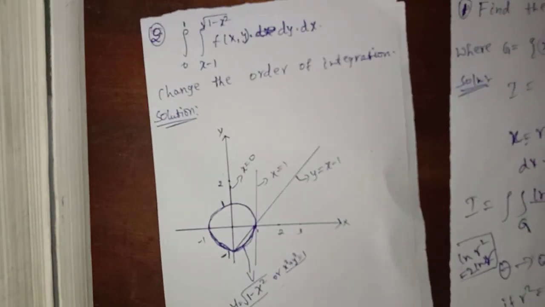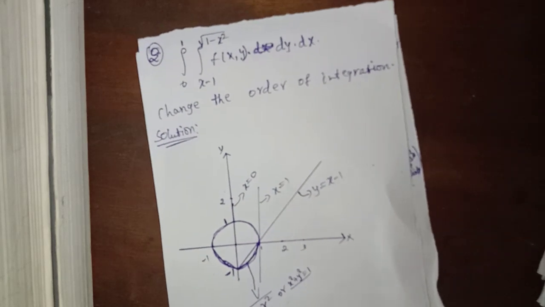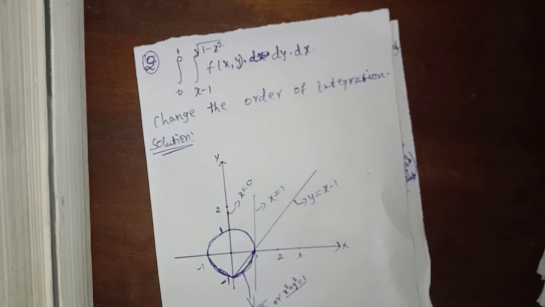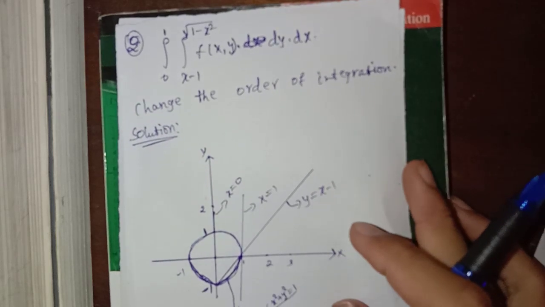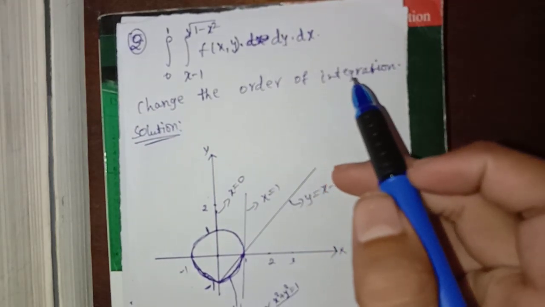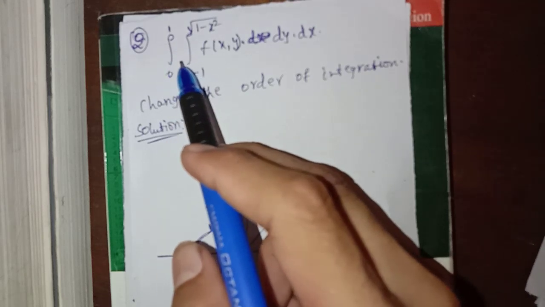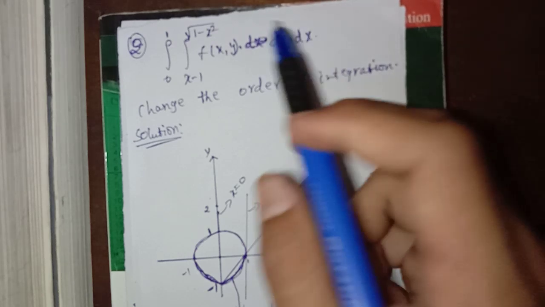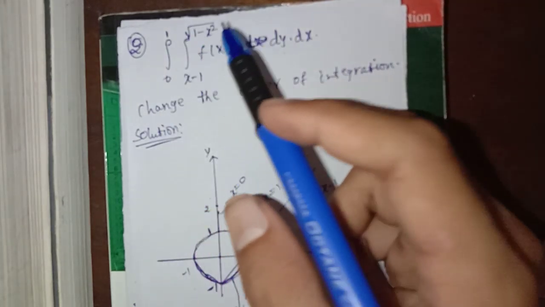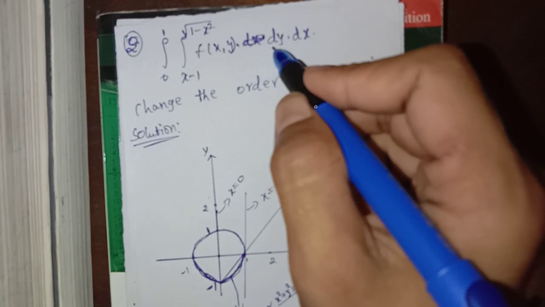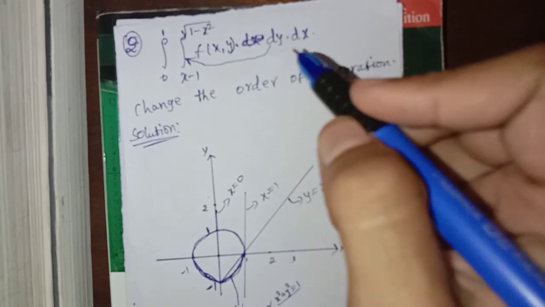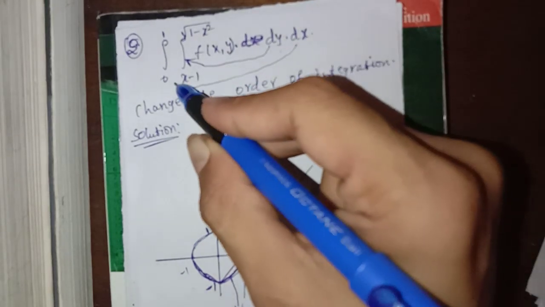Now the next problem is to change the order of integration. They give the integral of f of x y dy dx. The first integral is with respect to dy and the outer one is with respect to dx.